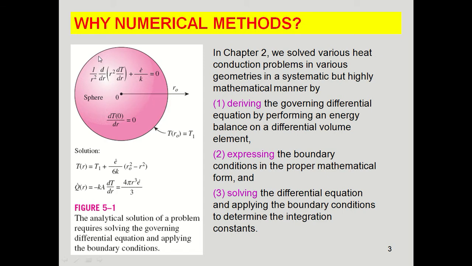So we have given the generalized heat conduction equation for the sphere with heat generation E dot inside the sphere, and the thermal conductivity of the sphere material is K. So what is the equation? We have 1 upon r squared d by dr of (r squared dT by dr) plus E dot divided by K is equal to 0. This is our generalized heat conduction, or differential, equation.